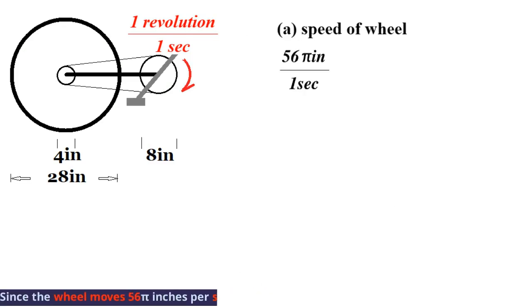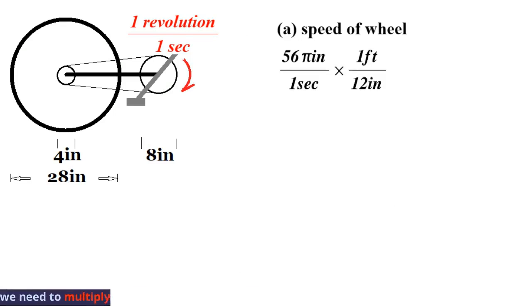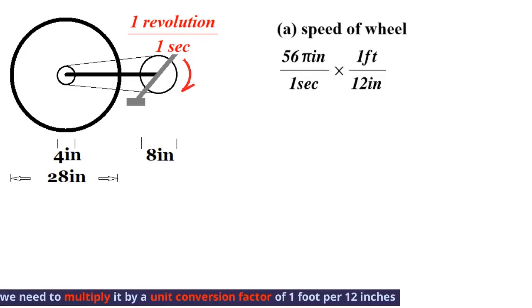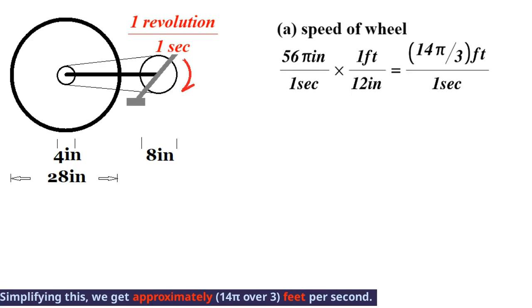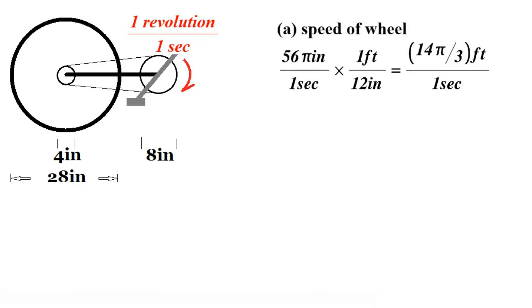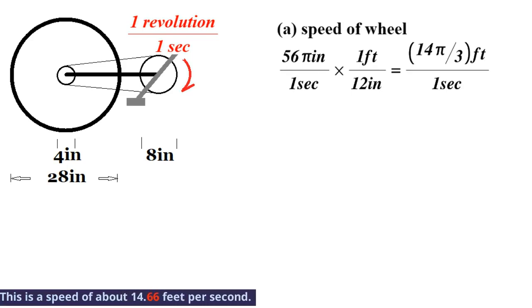Since the wheel moves 56 pi inches per second, we need to multiply it by a unit conversion factor of 1 foot per 12 inches. Simplifying this, we get approximately 14 pi over 3 feet per second. This is a speed of about 14.66 feet per second.